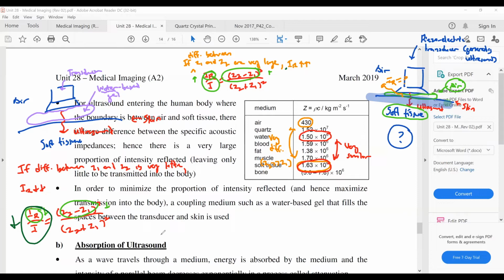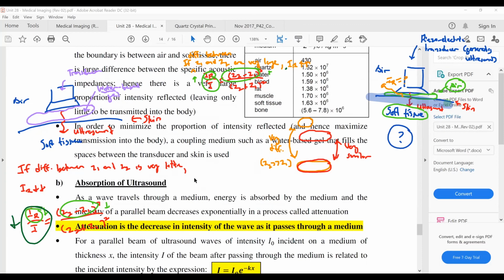So fractional intensity reflected is very small. So you will have a very large intensity transmitted, so your ultrasound can travel very deep into your body and keep on scanning and keep on giving you information about your body structure, which is what you want. So this is one particular application of that, which the question will ask you.